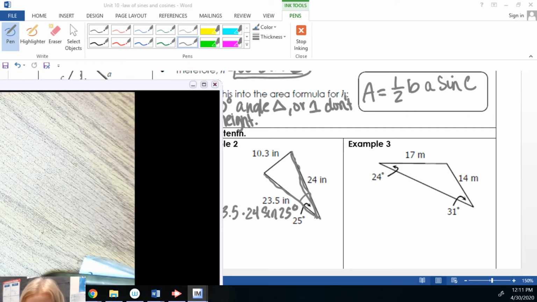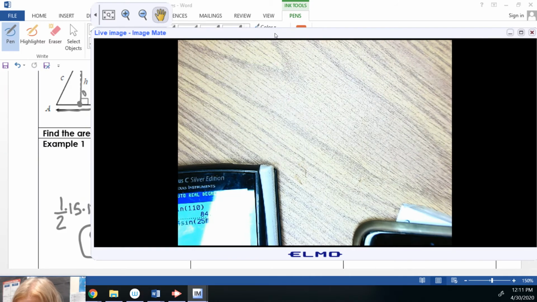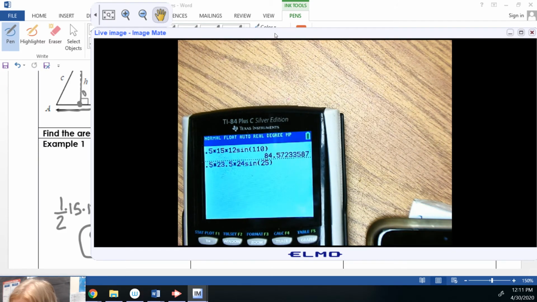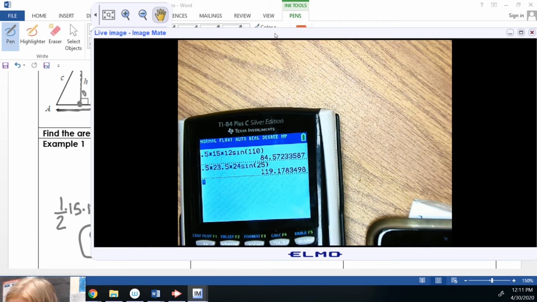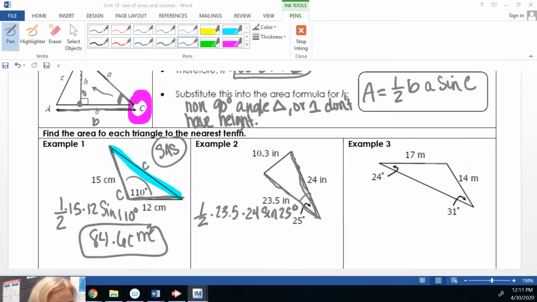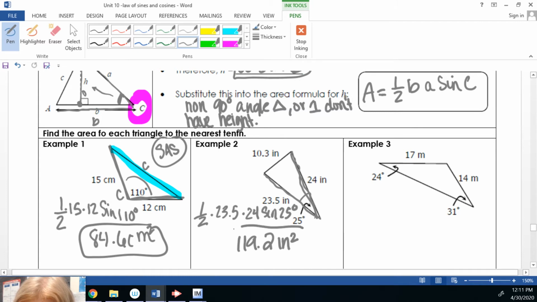As you can see, 1/2 of 23.5, so 0.5, 23.5, 24 times the sine of 25, all in there like that. 119.2 square inches.